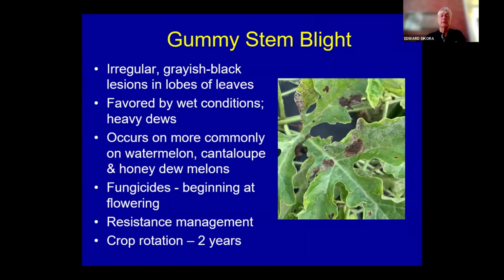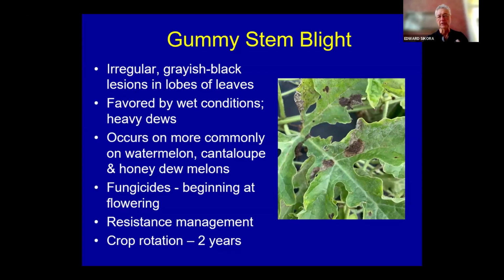Fungicides are the best control. No resistant varieties that I'm aware of, but usually you have to begin at flowering and stay on a pretty strong program. Resistance management of your fungicides is important because we have seen resistant strains of gummy stem develop to some of our best fungicides.